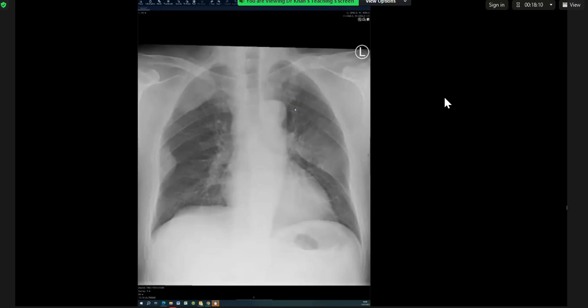So yes, this could be a primary bone tumor as well. I don't think it's an infectious cause, and I'm not suspecting any other non-sinister pathology in this instance. Less likely primary bone. It can also be metastatic, apologies.